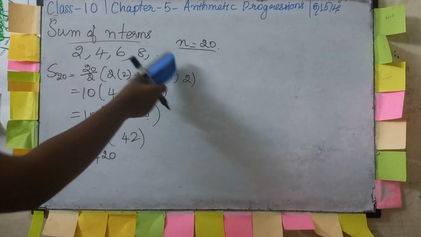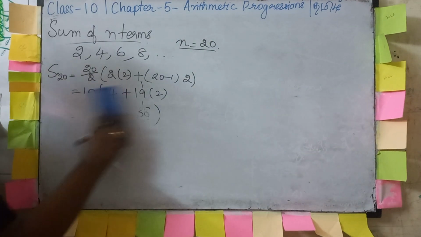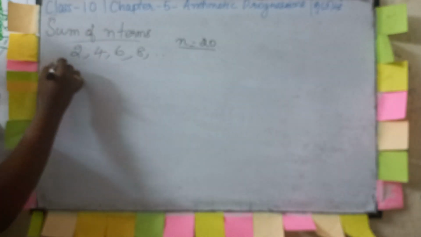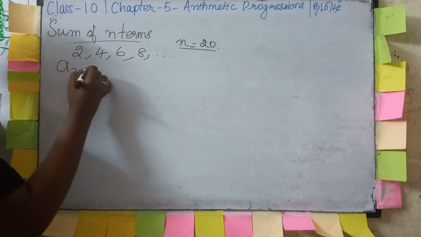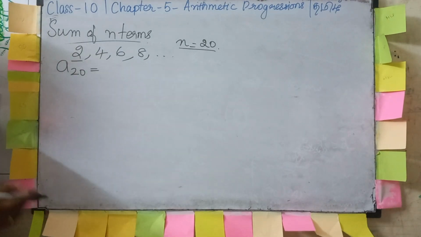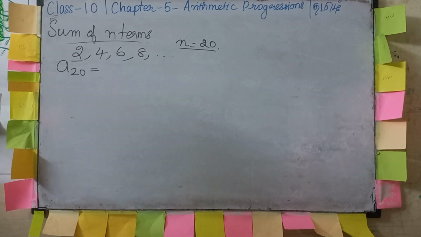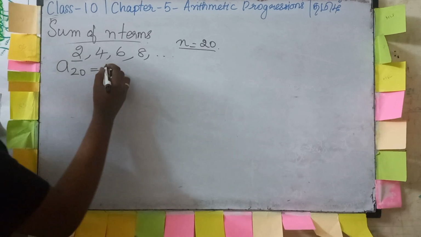I did this by the first formula. There is no last term, right? How to find it easily? See, we got the AP, the sequence. Find A20. The first term is given, or else you need to find 2A plus n minus 1 into D, and then multiply that n minus 1 into D's value. It's hard, it takes time. So find the 20th term, the nth term, first. What is that?